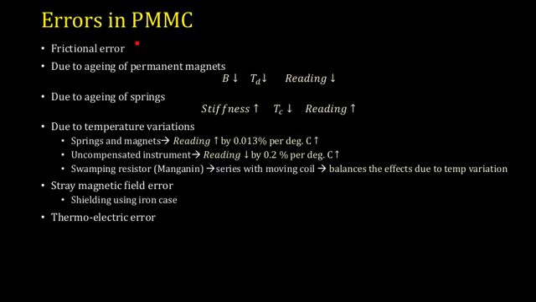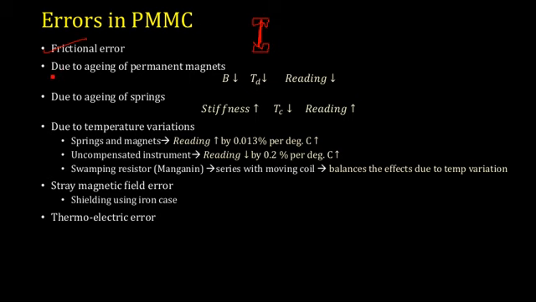Now moving on to some errors in PMMC instruments which were not discussed earlier. The main errors are frictional error, which we have already discussed in MI instruments. So you'll have some frictional error in the jewel bearing section. Okay, you'll have the pivot, so you'll have some errors in the jewel bearing. Then you have the permanent magnets.